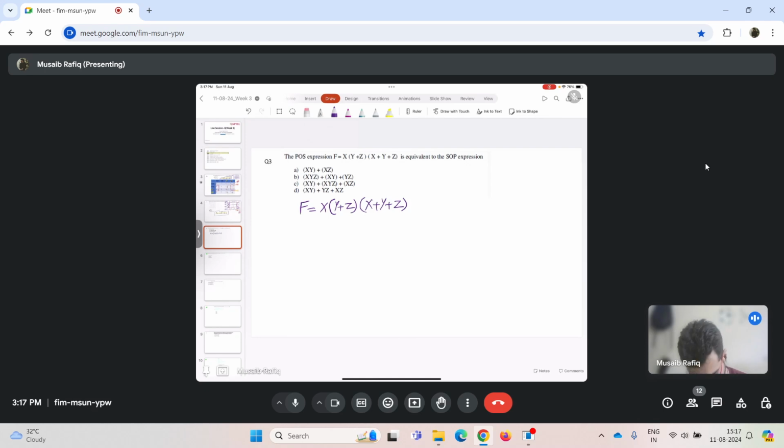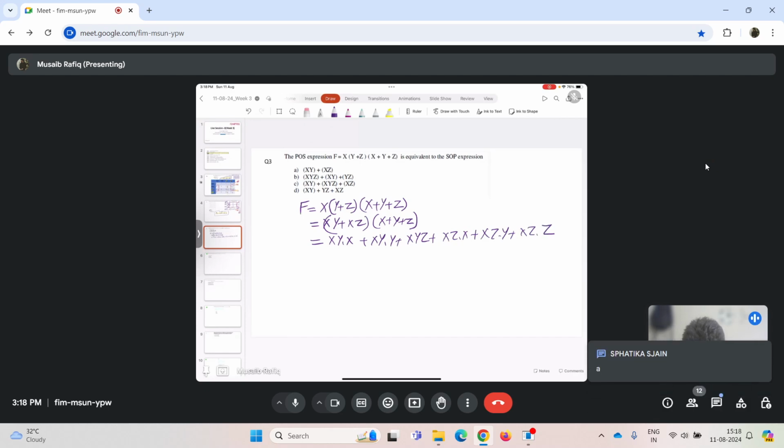Now I can simply use the operation: xy plus xz times (x plus y plus z). Now again reduce it: xy times x plus xy times y plus xyz. Then I have xz times x plus xz times y plus xz times z.